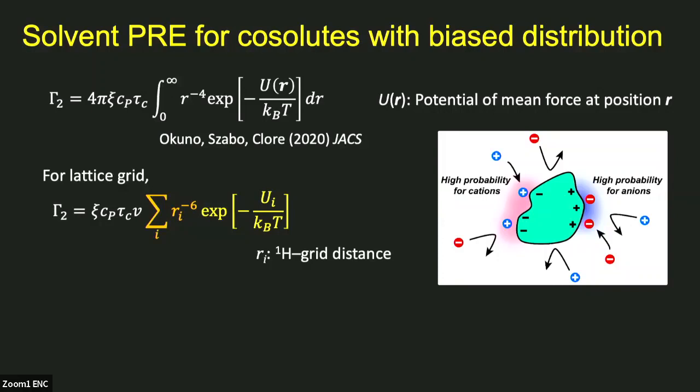And in fact, as Dr. Okuno showed, even at a relatively high concentration, like 25 millimolar of co-solute molecules, we can still get quite reasonable agreement between experimental data and theoretical prediction based on our models. So for this part, probably there is no problem in theory.